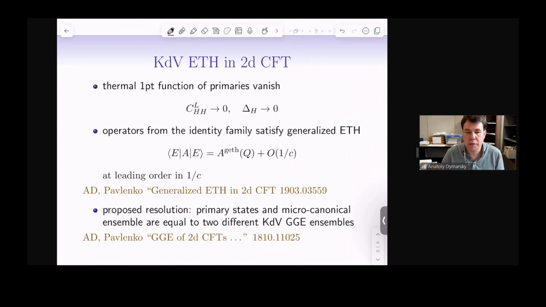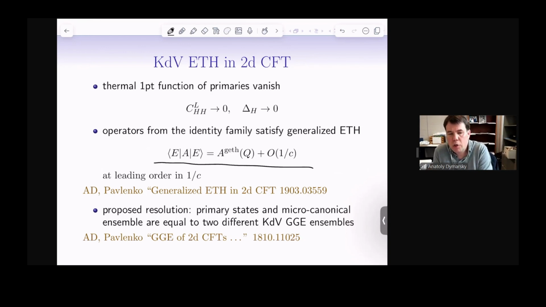First step is to formulate the generalized ETH, and it is formulated this way. You consider a local operator, you consider it in an energy eigenstate, which is not a primary state. It's a primary state and descendants, and you don't control. You need to consider all possible descendants. And then you ask, what is the expectation value of that local operator?